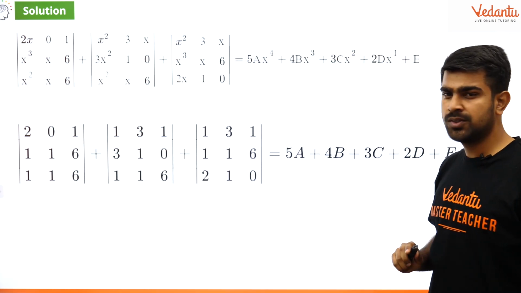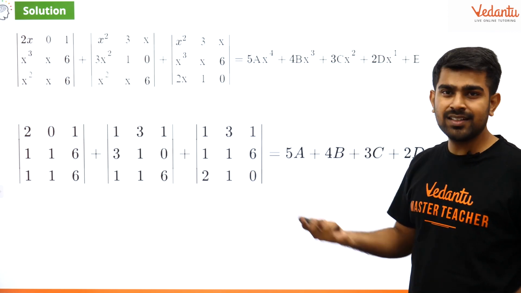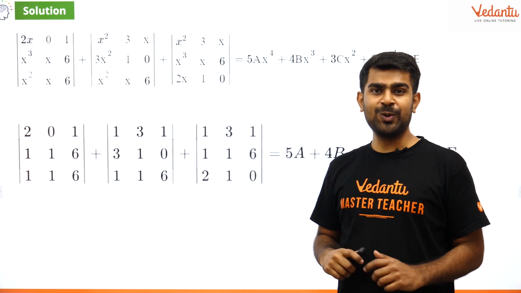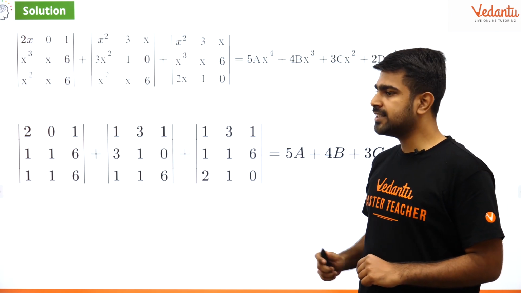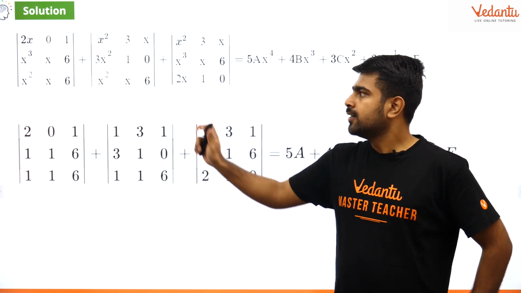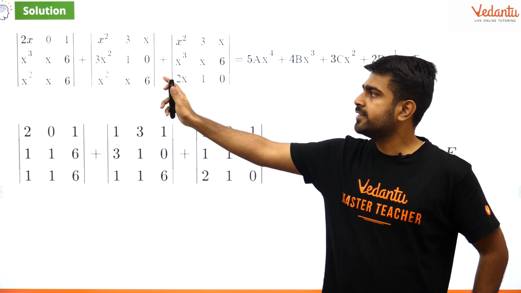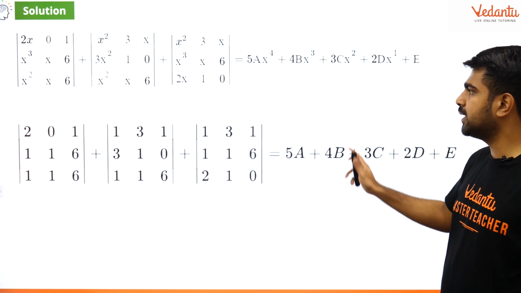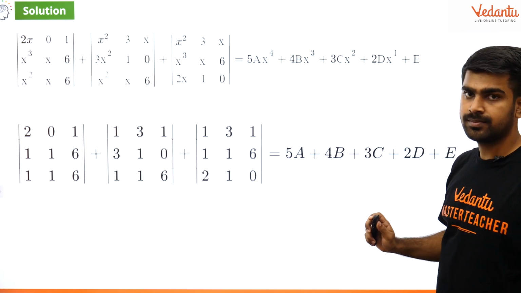You guys can go through this for a second. I thought if I write it, it will take a lot of time, that is why I got it typed. Please go through this, guys, I'll give you some time. I just substituted x equal to 1 in all three determinants. So the right hand side also becomes whatever is asked in the question.